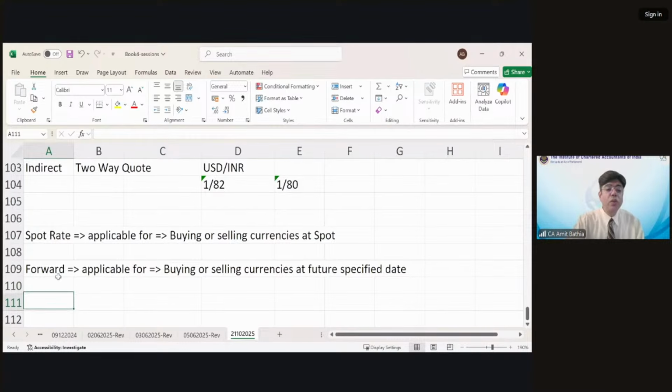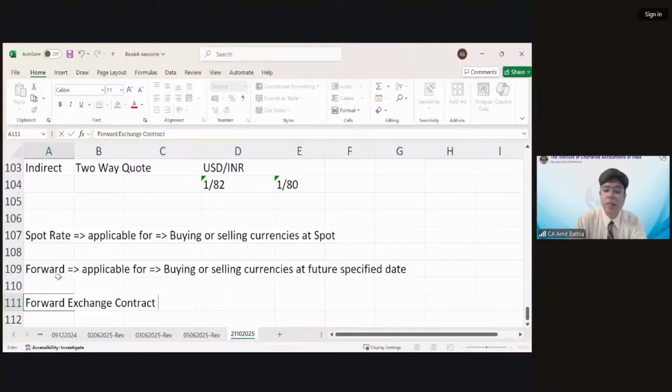Now that brings me to a contract known as a forward exchange contract. As the subject itself is risk management, I want to cover my foreign exchange exposure. For the future, I do not know what the currency rates may be. You have seen how currency rates have changed in the last 1 year.